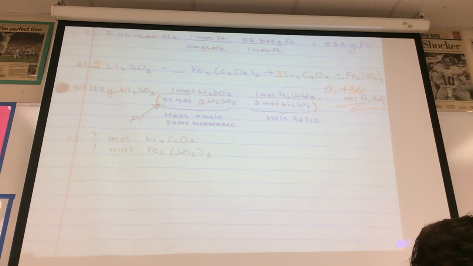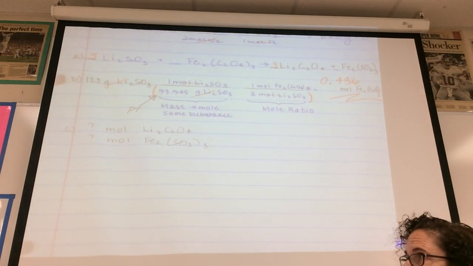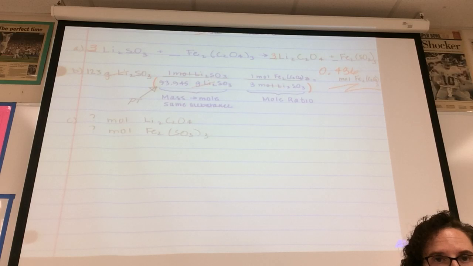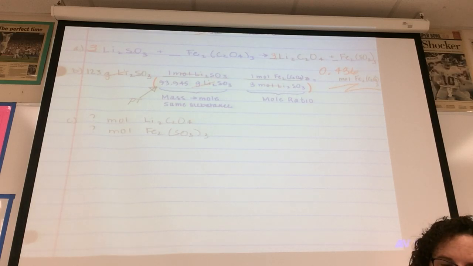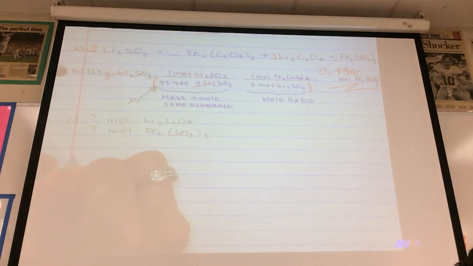When you're given 148 grams of iron 3 oxalate reacting with an excess of lithium sulfite, what are you given? 148 grams of iron 3 oxalate.